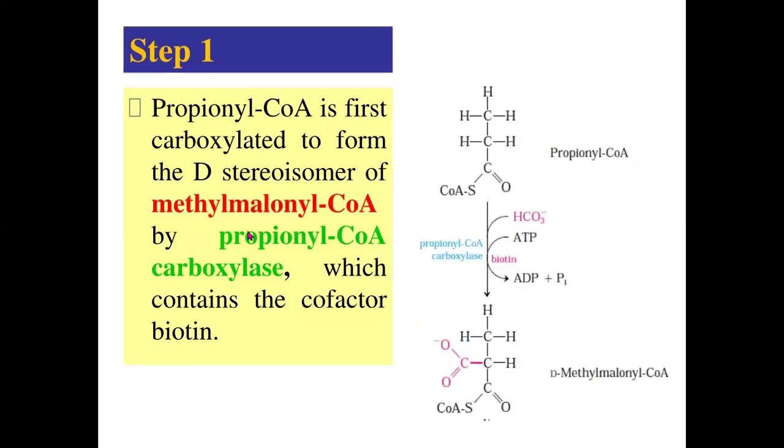So in step 1, propionyl-CoA is converted into what we call the D-stereoisomer of methylmalonyl-CoA. This reaction is catalyzed by propionyl-CoA carboxylase, which has biotin as cofactor. It uses ATP, hydrolyzing ATP to ADP and inorganic phosphate, to form the D-methylmalonyl-CoA.